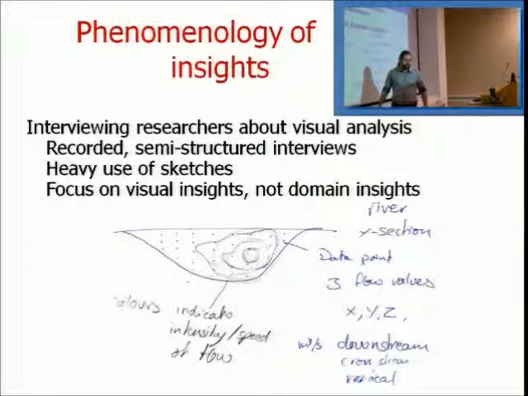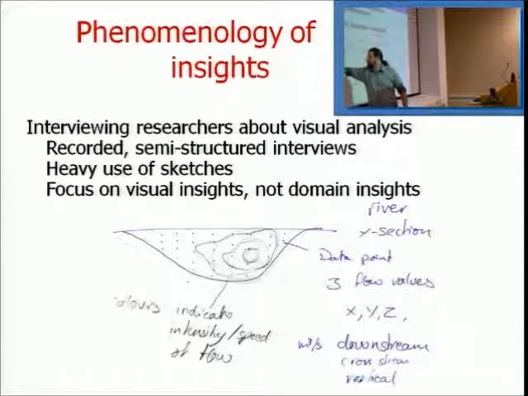And the visual insight, the visual correlate of these things, is that these circles are clustered towards the right. From that you can see, if you're an expert, that there is a bend in the river. And also there's this point which is below the riverbed, which is obviously an error in measurement.